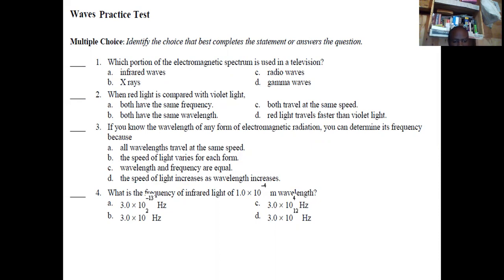Now, the next question is, what is the frequency of infrared of 1.0 times 10 power negative 4 meters wavelength? So now again, you are supposed to use some relationship between frequency and wavelength to work out that problem.